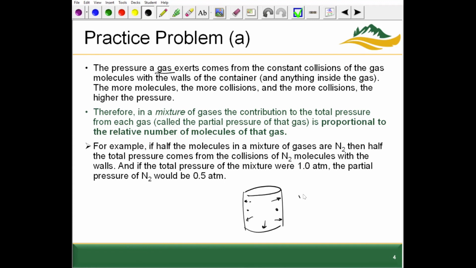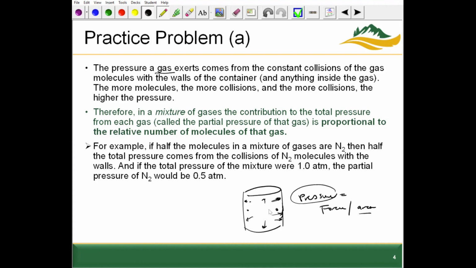Remember, pressure is really some force over some specific area. Whatever force those gas molecules are exerting on the side of a container or a reaction vessel, given the area they're exerting that force over, that is our idea of pressure.